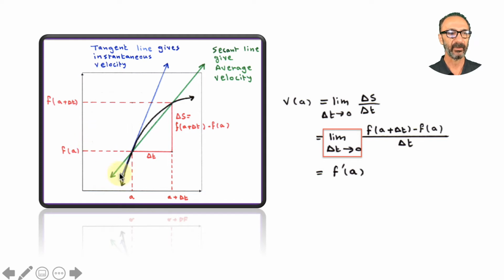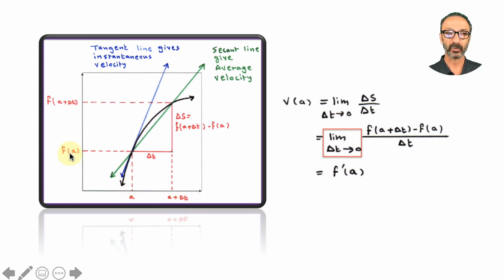This is our function in black, s of t. This green line is the secant. This blue line is the tangent. We are going from t equals a to another time that is a plus some difference in time, delta t.